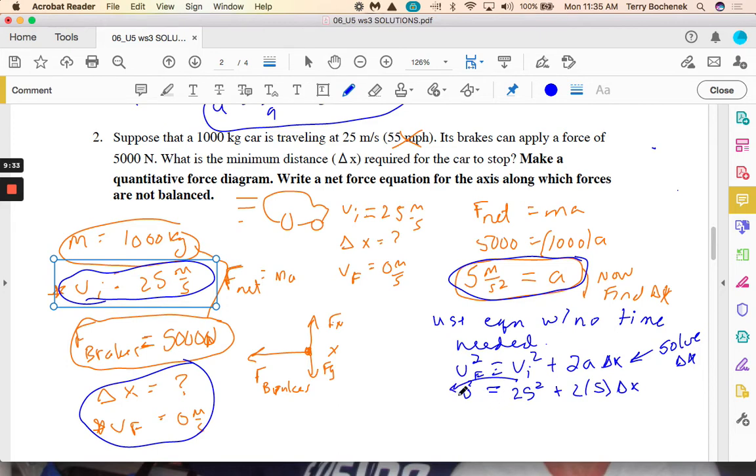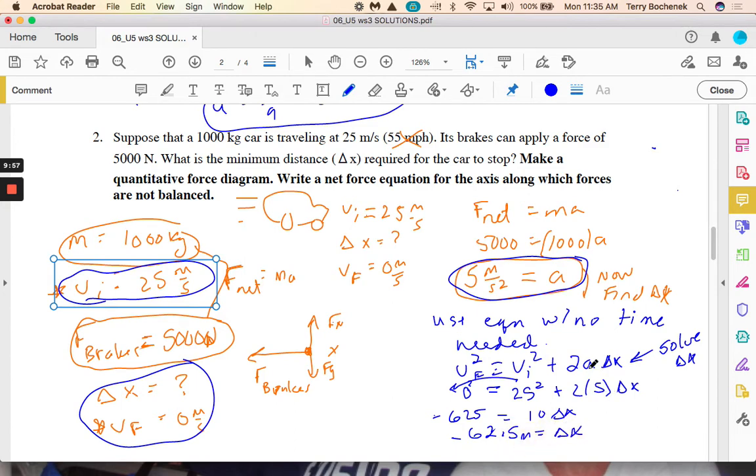So 25 squared is 625. And then we have 10x. So if I divide this, it's negative 625 divided by 10 is 62.5, and that's meters equals delta x.